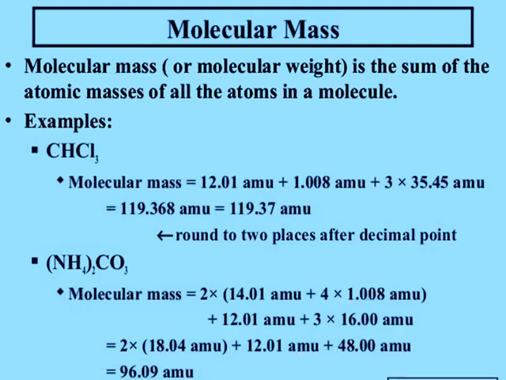So if we consider chloroform, or trichloromethane, we can say that its molecular mass is equal to 12 U or 12.01 AMU plus 1 U or 1.008 AMU plus 3 times the atomic mass of chlorine, that is 3 into 35.5 or 35.45 AMU.